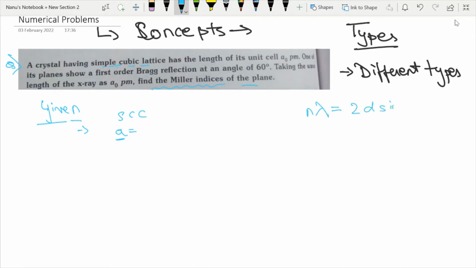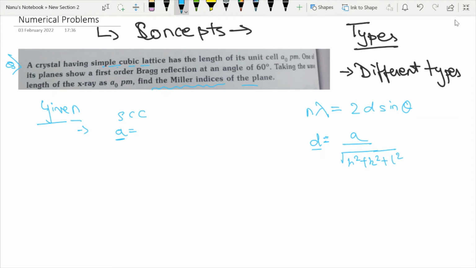I've explained in great details of all these equations, what is glancing angle, what is grazing angle in that video, and also I've explained this important formula where d equals A, where d is the interplanar distance and A is the edge length of the cell, divided by square root of h square plus k square plus l square, where h, k, l are the Miller indices.